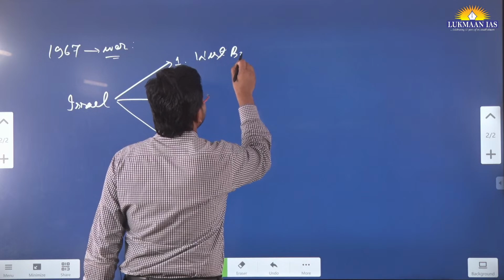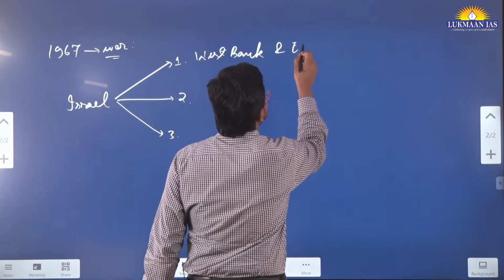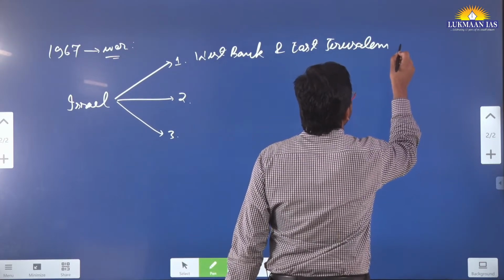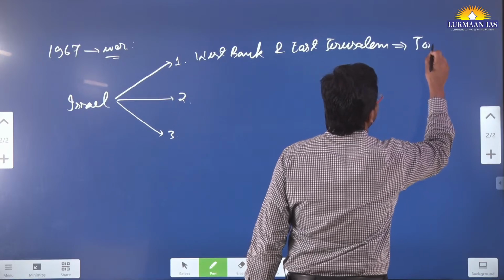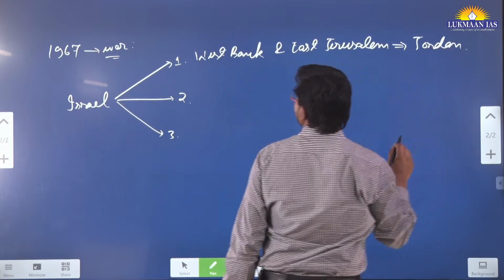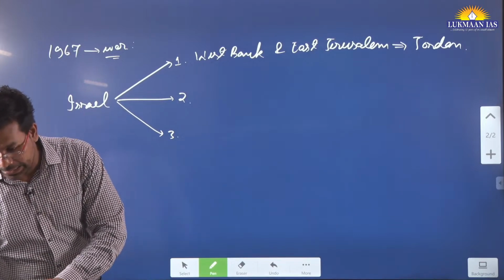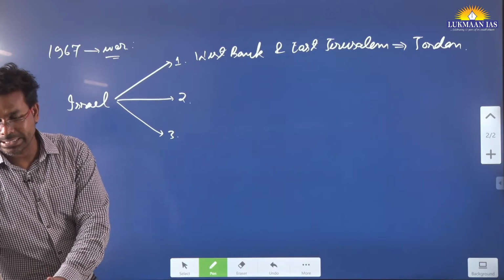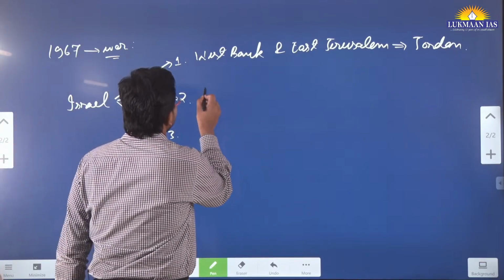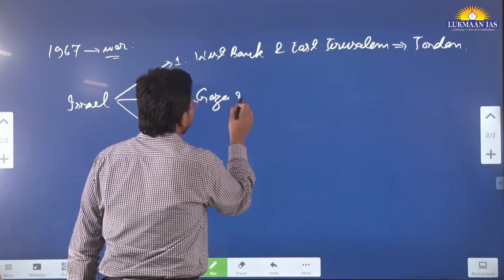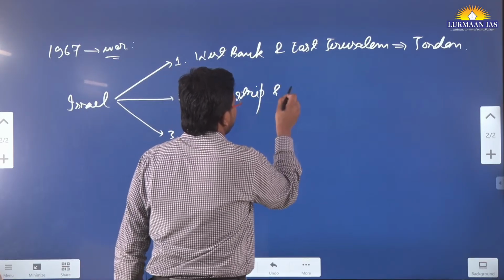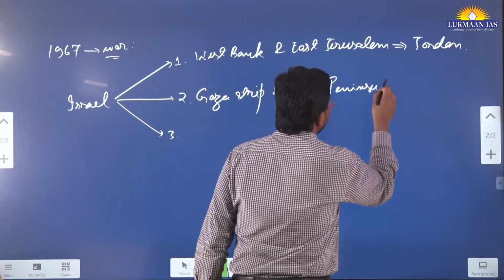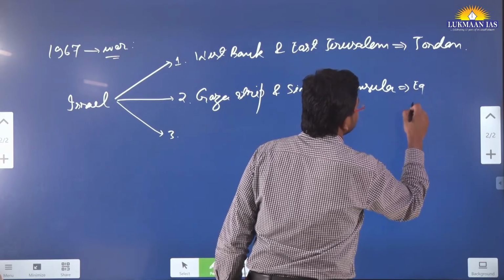The second thing is that in the same war, it captured the Gaza Strip and Sinai Peninsula from Egypt.